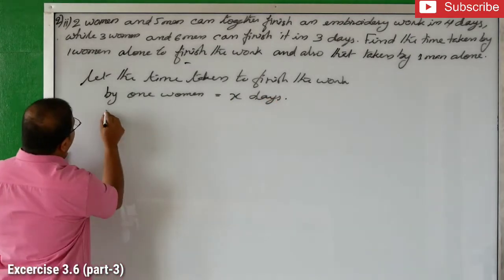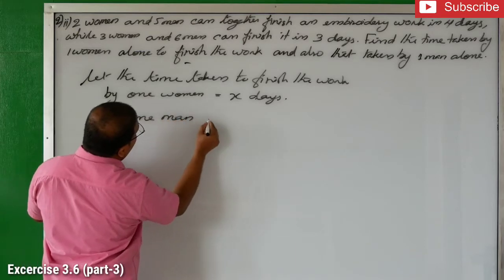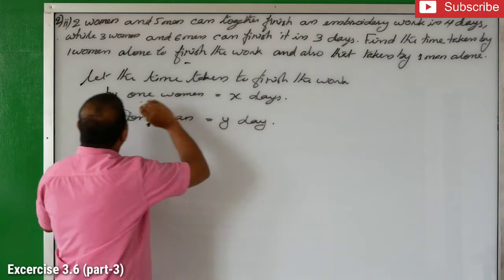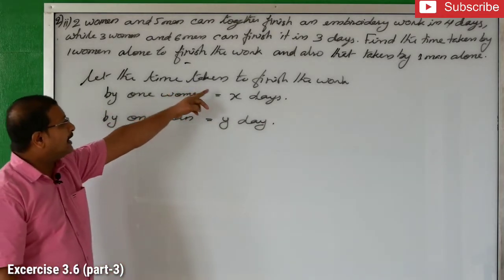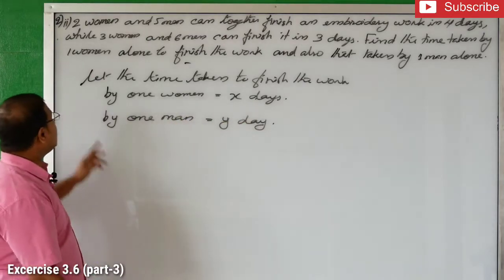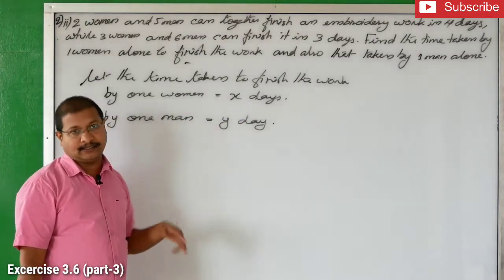And by 1 man, y days. This is assuming, first you will write, let the time taken to finish the work by 1 woman equal x days, and by 1 man to complete the entire work is y days.